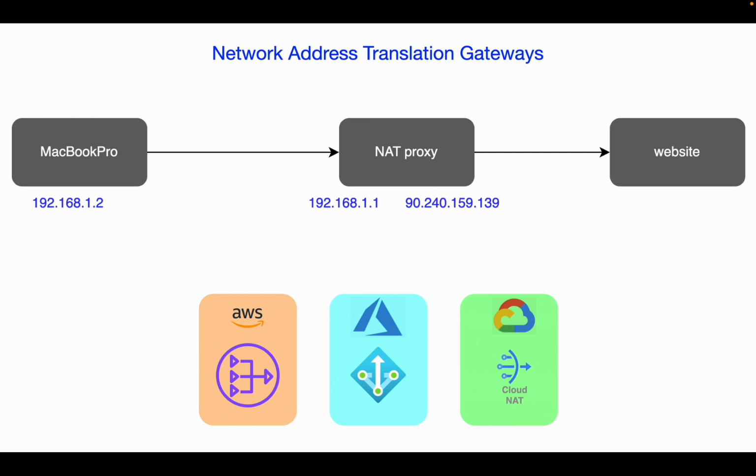Okay, so network address translation. We might have seen from that table, my MacBook Pro is on 192.168.1.2, and it sends all traffic to the gateway 192.168.1.1, which is the Vodafone router. It goes on the internet and it goes to the website. Every device in my home network on the left-hand side appears, as the source when it goes onto the internet, as 92.40.159.139 with a random port between 0 and 65,000.